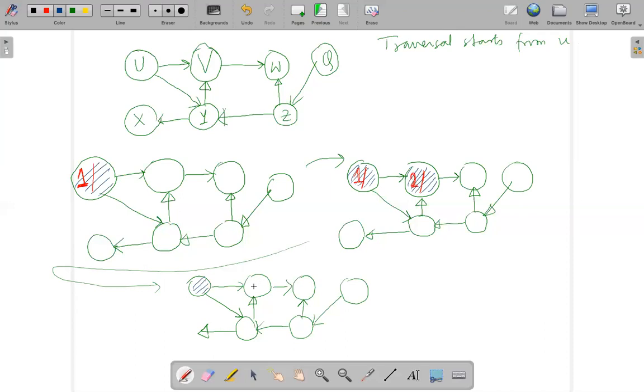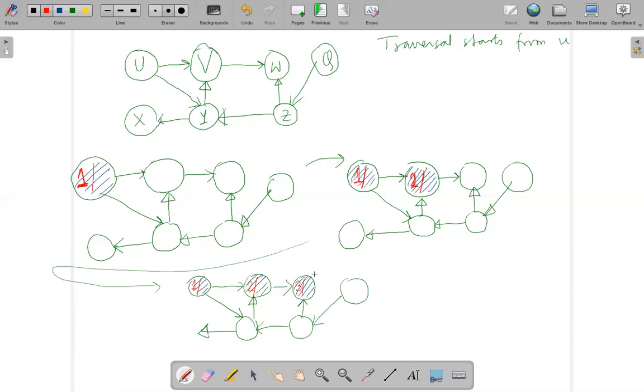Now you see U is explored, V is explored, and also W is explored. And we also have the discovery times for them. Okay. So after this, what should be the next step? From W, there is no edge that can be further explored, right?